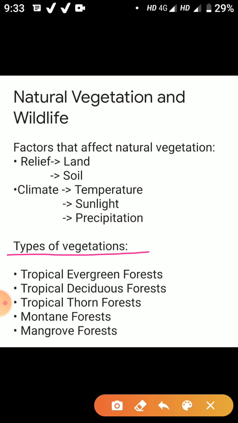So now we will come to the types of vegetation. Last time I just gave a short description of the first category, that is tropical evergreen forest, right? There are many categories of vegetation zone wise, and if you remember, I told you about the tropical, temperate and frigid zones. The tropical zone lies from 23.5 degrees north to 23.5 degrees south, right?